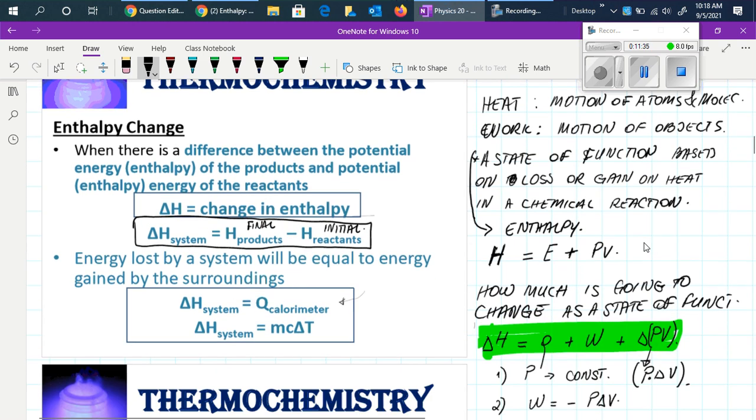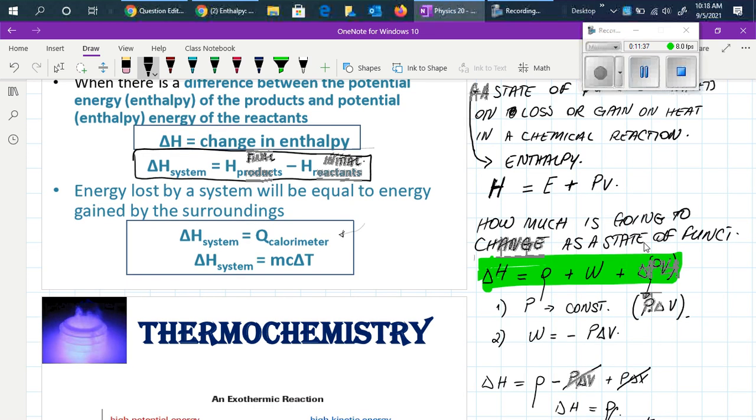This leads us to the conclusion that the change in enthalpy of a system is equal to the heat gained or lost by the surrounding. Okay?